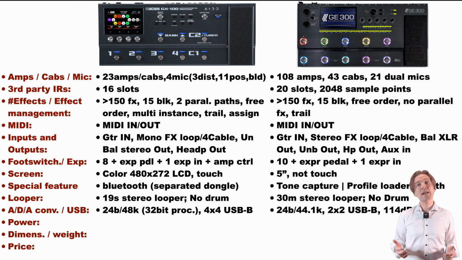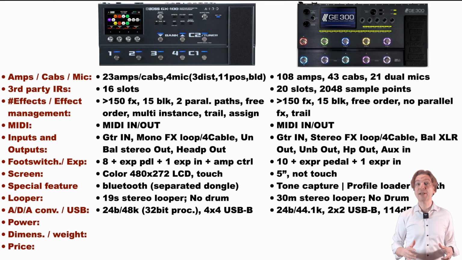Therefore, the GX100 offers more USB channels and 48 kHz converters versus 44.1. The 4x4 channels of the GX100 could be useful in a recording studio, for instance to record the amp sound and the stereo effects in separate tracks, so that you can decide the amount of effects while mixing.